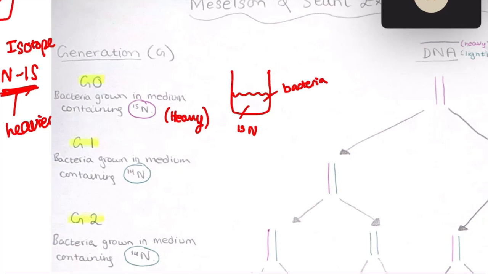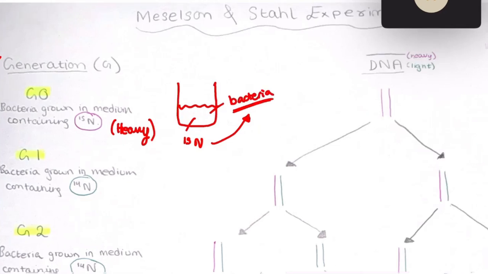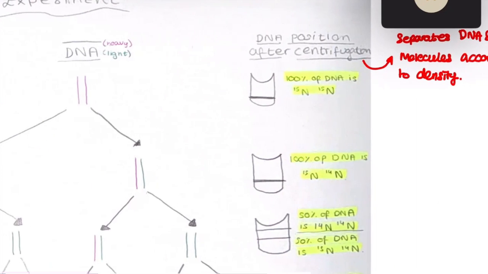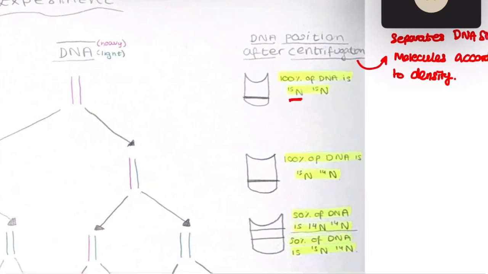Once we've added in the 15 nitrogen, the bacteria will take it in and create DNA. The DNA that's created is going to be heavy, because it's going to contain 15 nitrogen and 15 nitrogen. Remember, DNA comes in pairs, there are two strands, so each strand of DNA will have 15N and 15N.